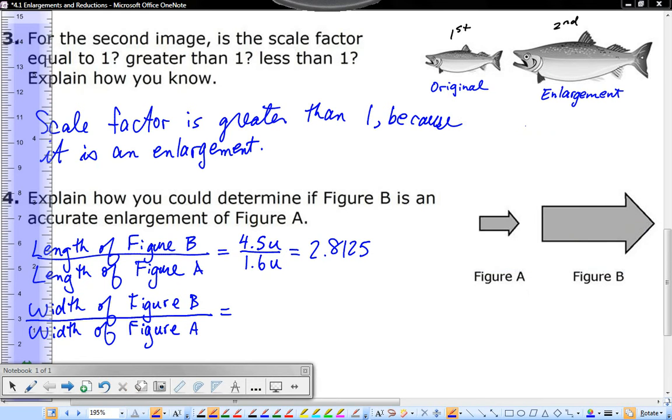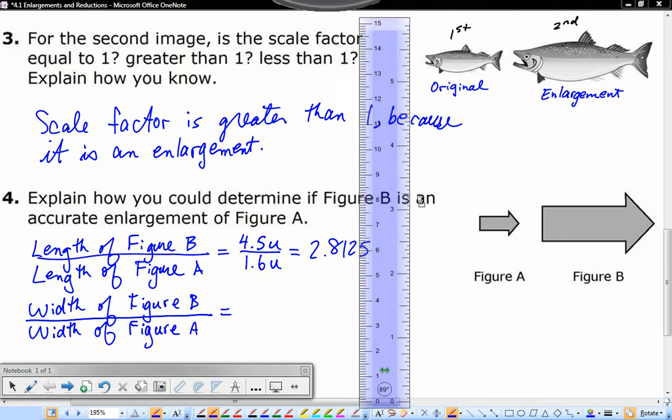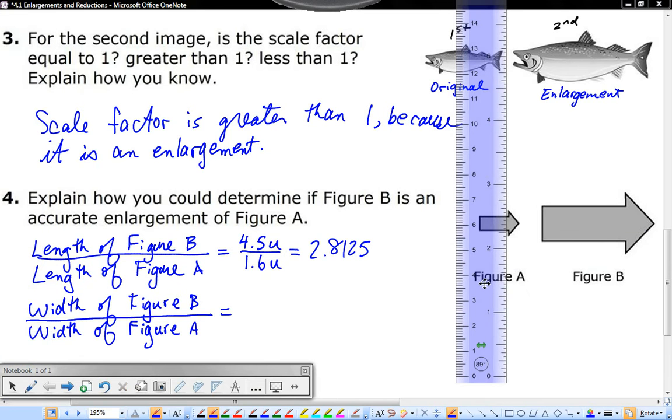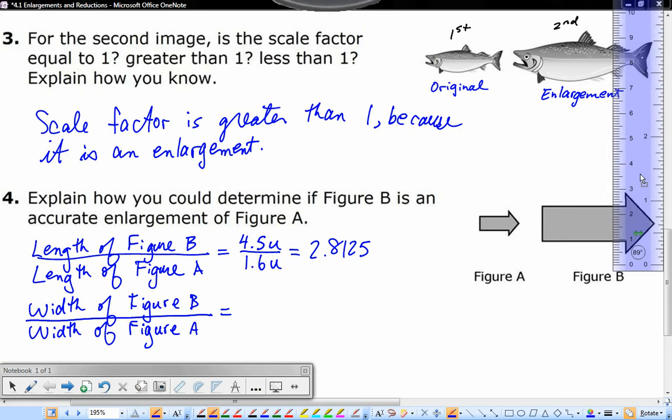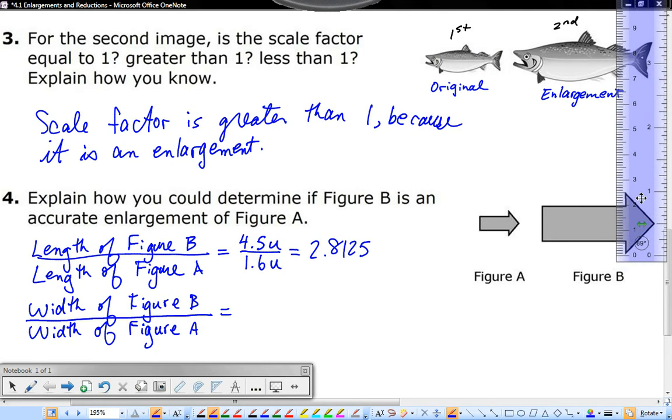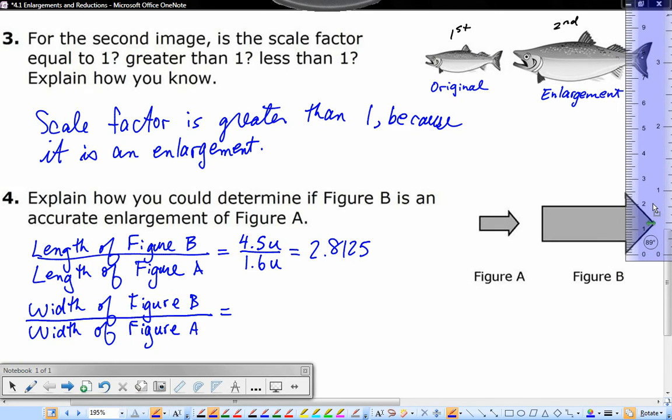So I'm just going to move this out of the way and bring in the vertical one because I'd like to take a look at exactly how wide this one is, and I'm going to measure here the width of this arrow. So this is somewhere in between 2.4 and 2.5. So why don't we say 2.45?